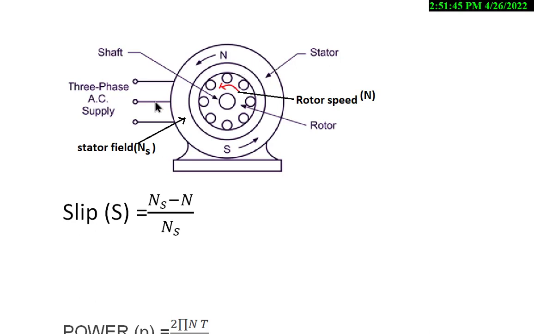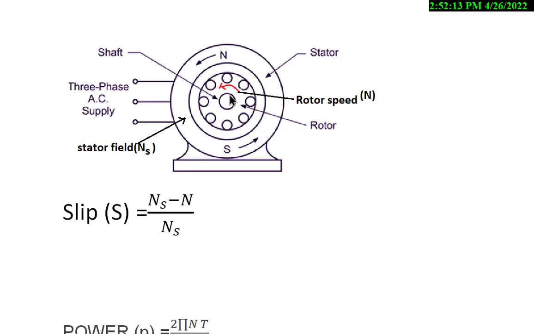Once the supply is given, a rotating magnetic field is produced by the stator windings that will rotate in one direction like this, and its speed is called the synchronous speed. That synchronous speed cannot be measured, but the rotor will also rotate because of the induction principle.